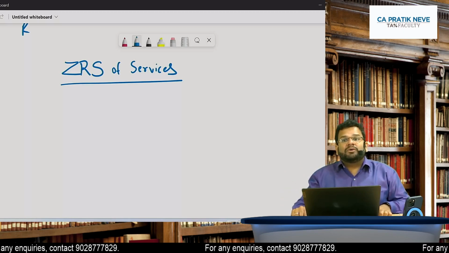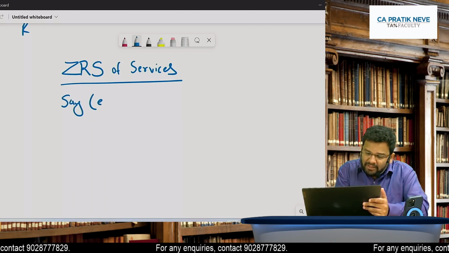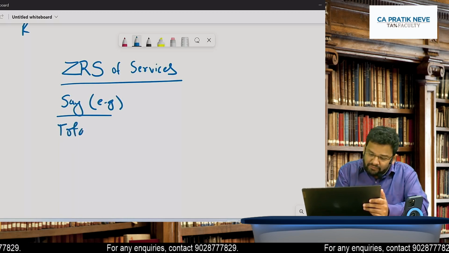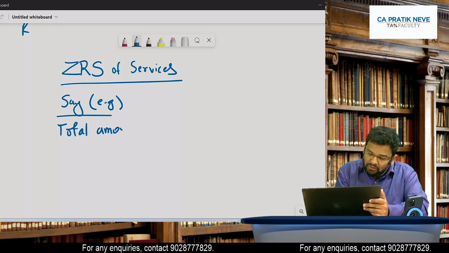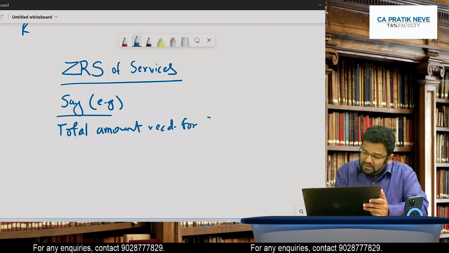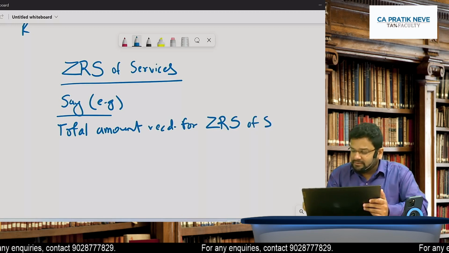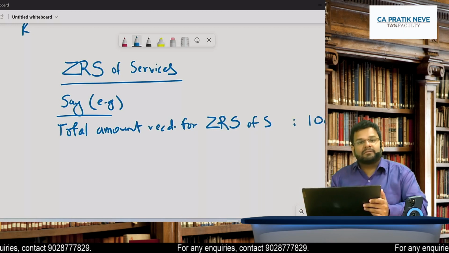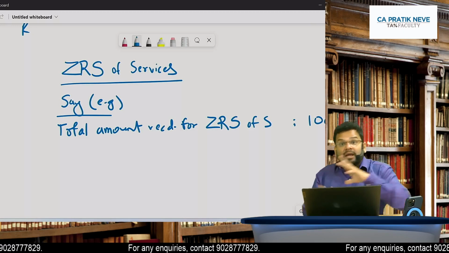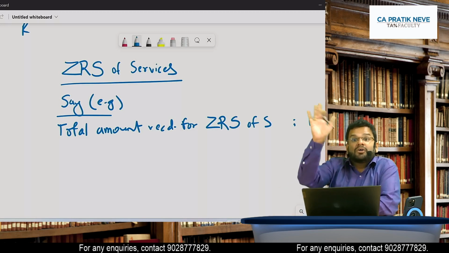Relevant period, how can you calculate? Matlab I am just giving you one example. Total amount received for zero rated supply of services is say 100. Can you directly take 100 rupees as your zero rated supply of service?